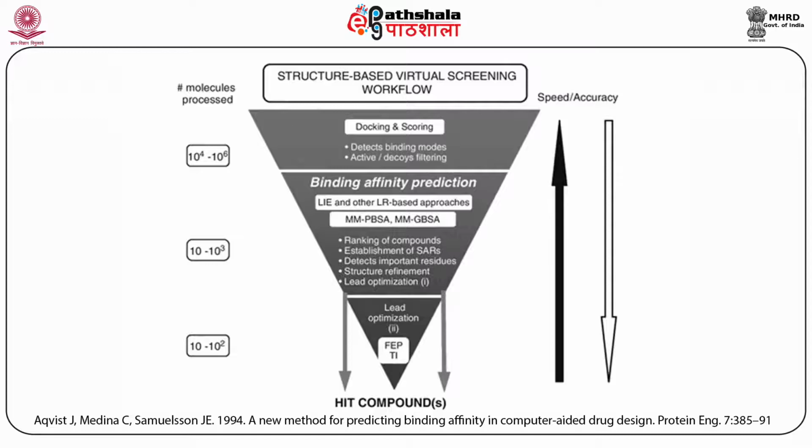However, the speed of calculation would be really slow, and the number of molecules feasible to process using free energy perturbation techniques, including enthalpy and entropy and everything, would be hardly 100. At the same time, you can process almost 10 to the power 6 molecules by using the rather easier method called docking and scoring.